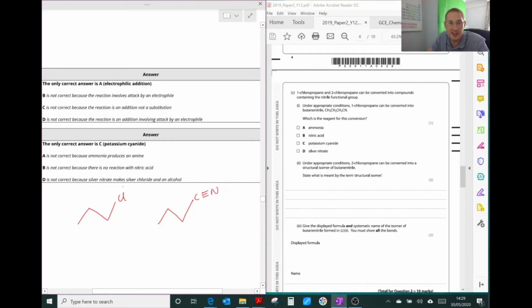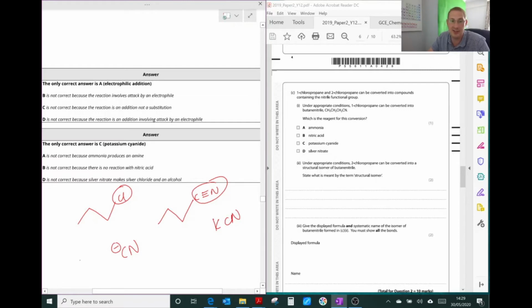Okay, so what have we done? Well, we've clearly swapped a chlorine for a CN group, so we're looking for anything that will provide a CN group. Ammonia, no. Nitric acid, no. Cyanide, yes. Silver nitrate, no. So KCN, and of course what happens here is that your CN group, negative charge on the carbon, very unusual.